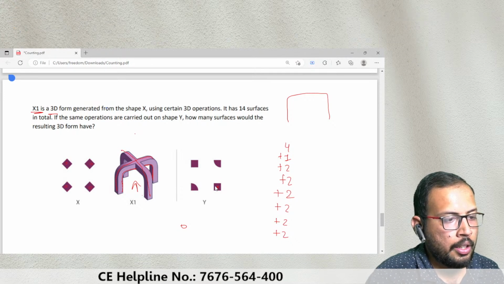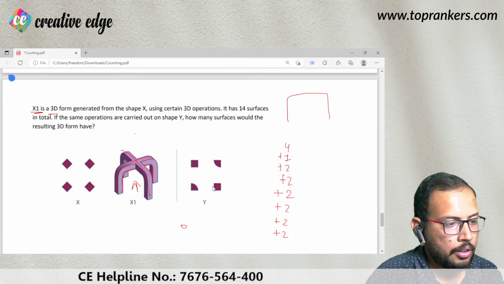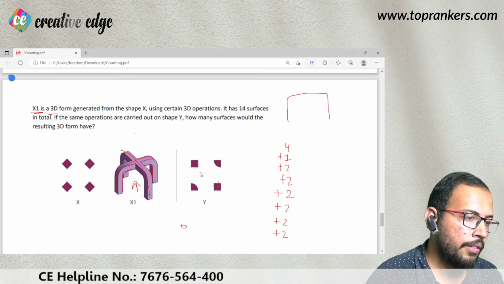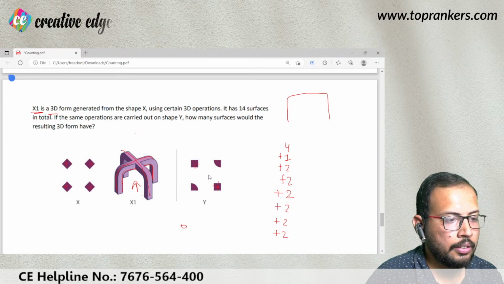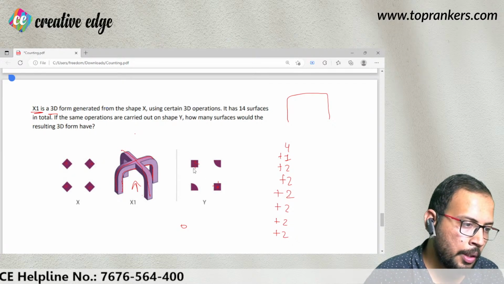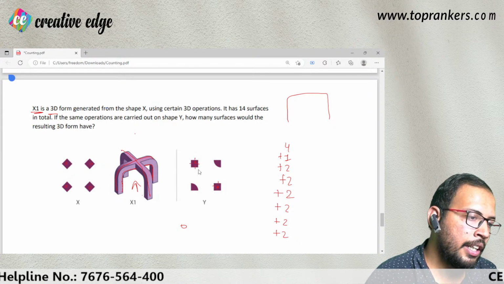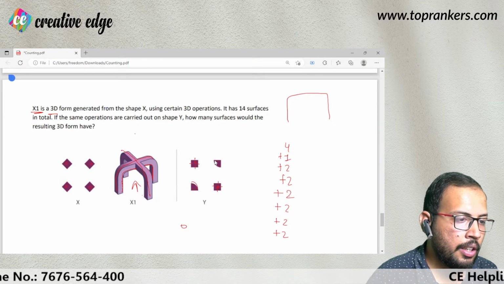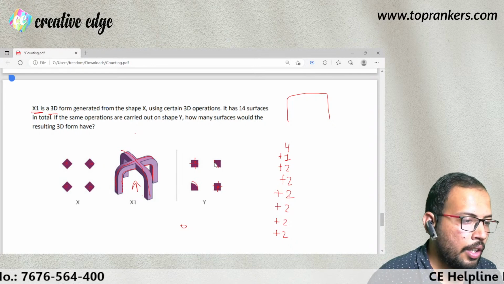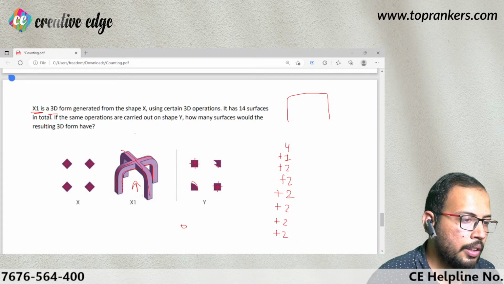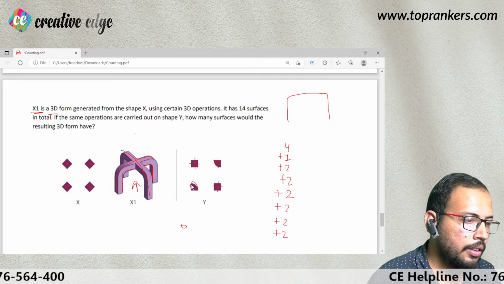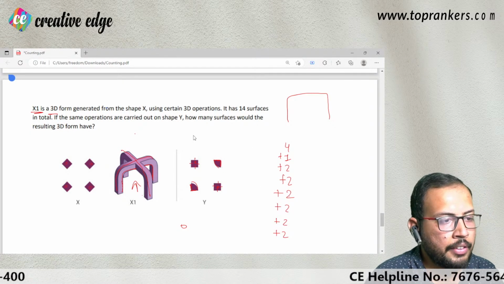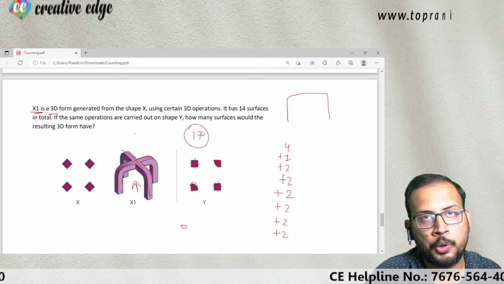So I have this one, this is 2, 3, 4, 5, 6, 7. Fine. This is going to the eighth one, 9, 10, 11, 12, 13, 14, 15, and this is going to be 16 and 17. So yes, a total of 17 surfaces we are going to have in this question, my dear people.